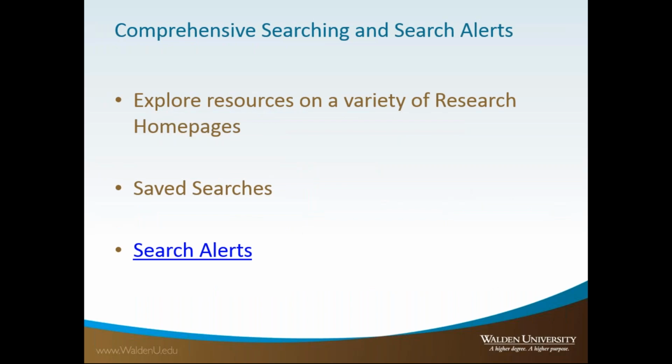So I want to pause here and talk about comprehensive searching and search alerts. Comprehensive searching means exhausting the literature on your topic, finding everything out there. And this often, or I should say very nearly always, requires that you look outside of your own research homepage.